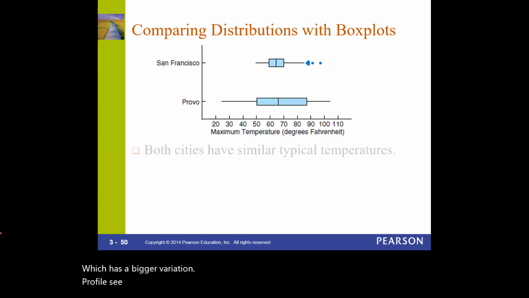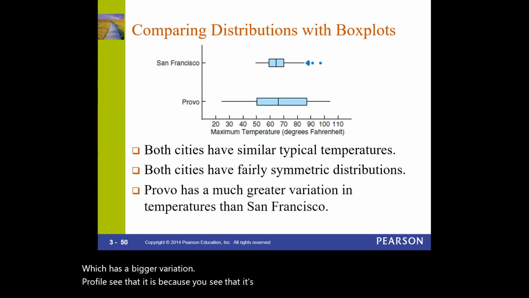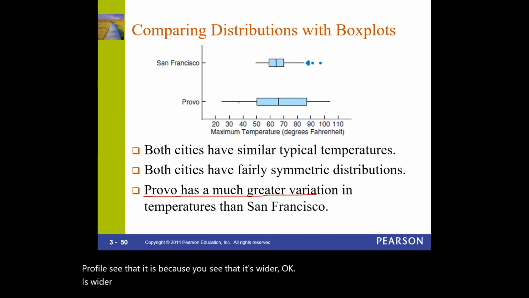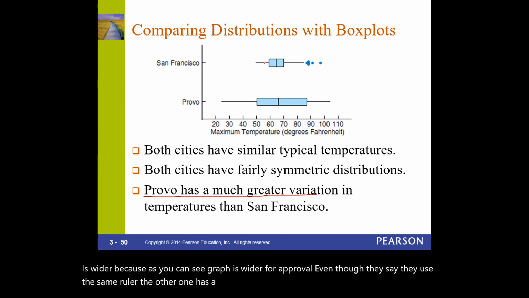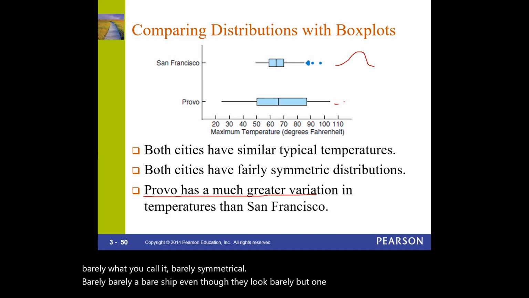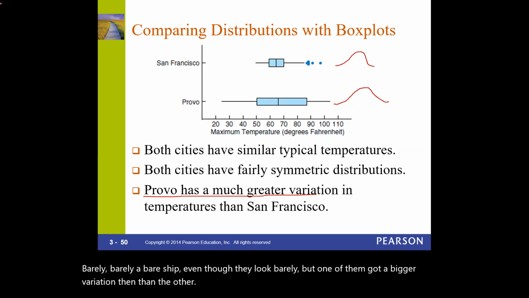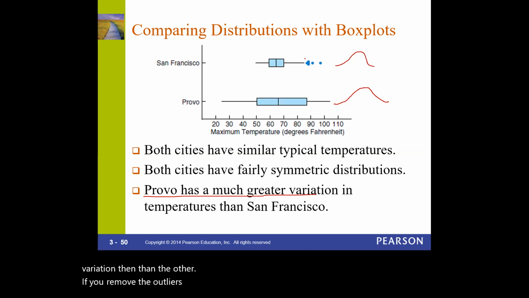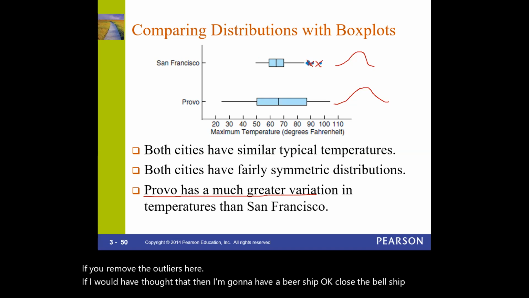That is because you see that it's wider. Okay, it's wider because as you can see, the graph is wider for Provo, even though they use the same ruler. The other one has a smaller variation. Even though both of them look barely symmetrical, barely a bear shape, one of them has a bigger variation than the other. Okay, if I remove the outliers here, then I'm going to have a bear shape. Okay, closely bear shape. All right.